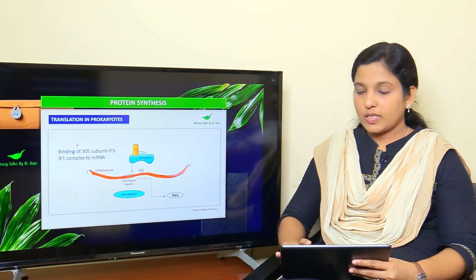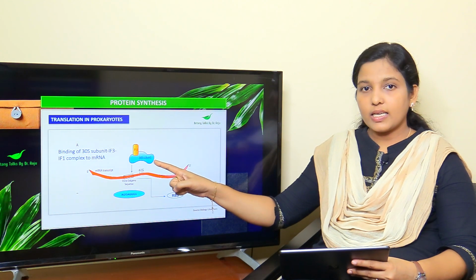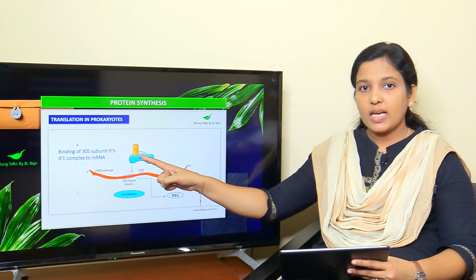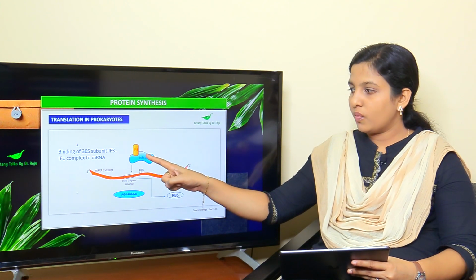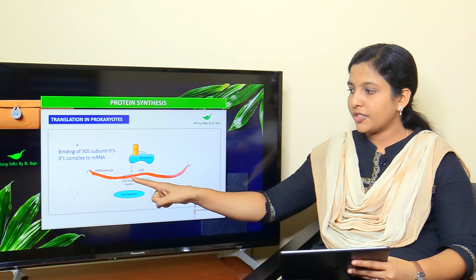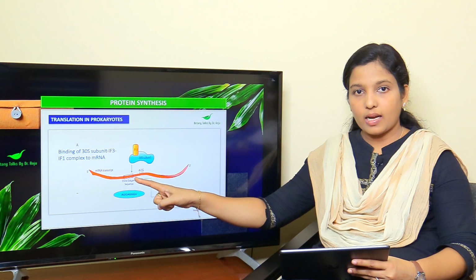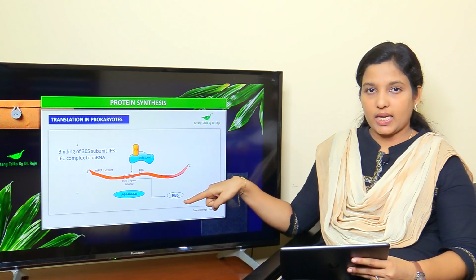We can see this process one by one. This is the 30S ribosomal subunit. It is attached with initiation factor 3. This assembly will come and bind with the Shine-Dalgarno sequence. This box represents the Shine-Dalgarno sequence. This is the ribosome binding site.